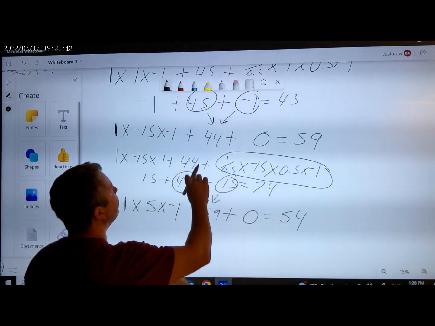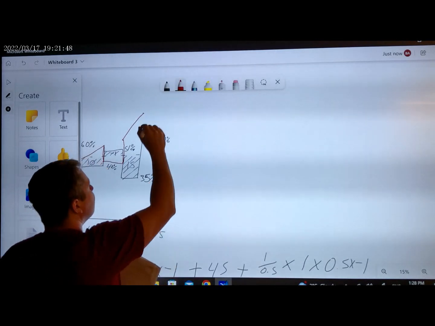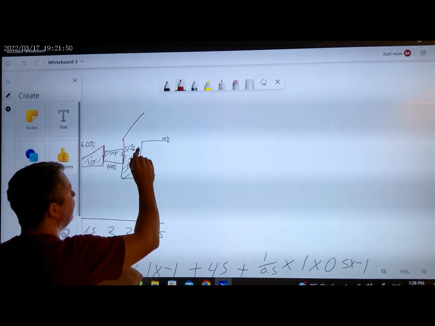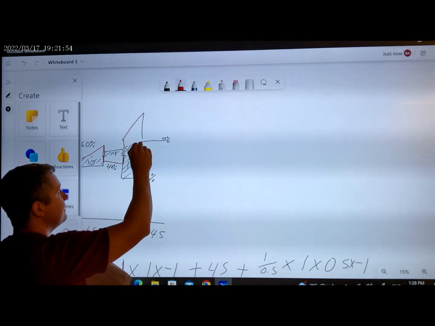Perfect. Okay, so now I drop down to 54% output.